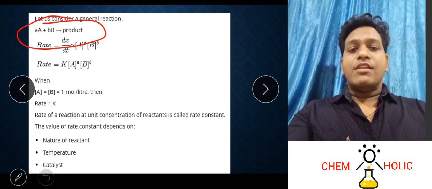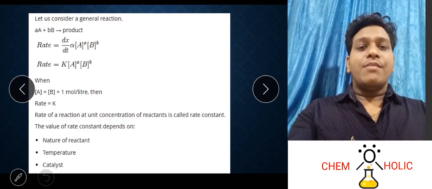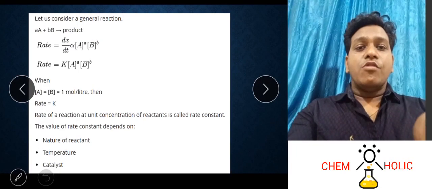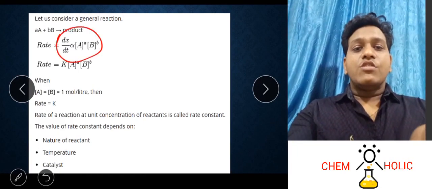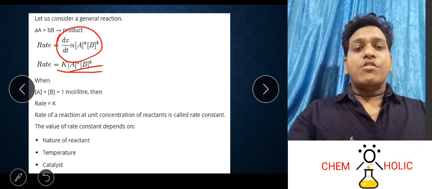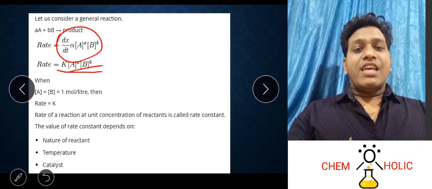If I remove this proportionality sign, I get rate is equal to K, [A] raised to a and [B] raised to b. What is this K?